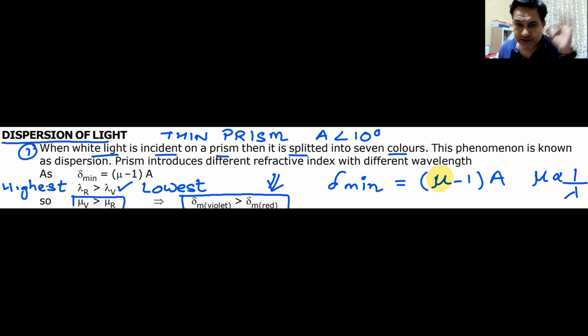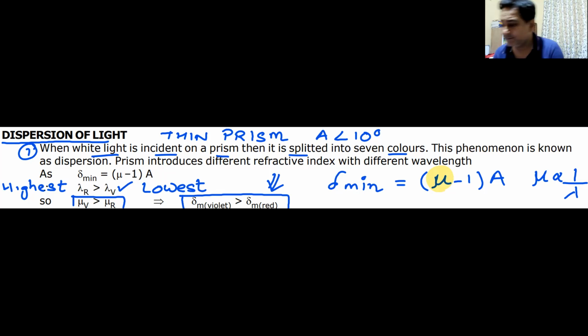Which color out of all these 7 colors will get deviated the most?